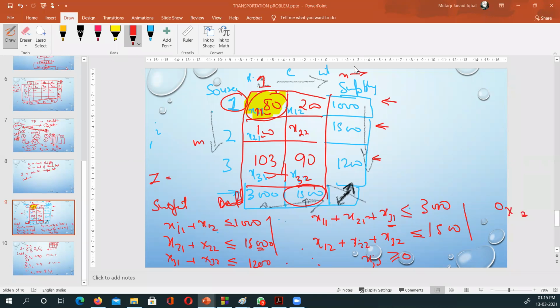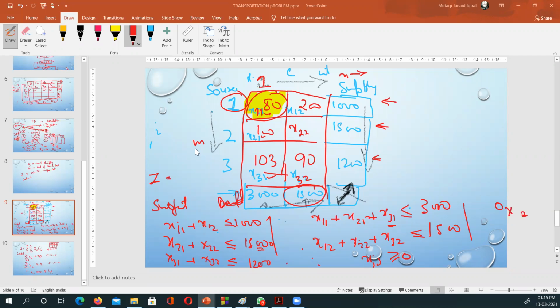Hina Fayaz is saying M plus N. It is M plus N. That means M number of sources plus N number of destinations. If sources are, let's say, 10 and destinations are 20, then in total we will have 30, M plus N. So as much as M is, plus N, we will add them. So that will be your total constraints.